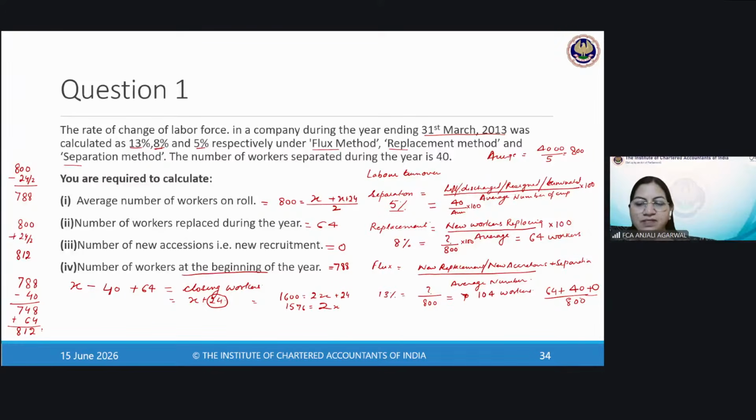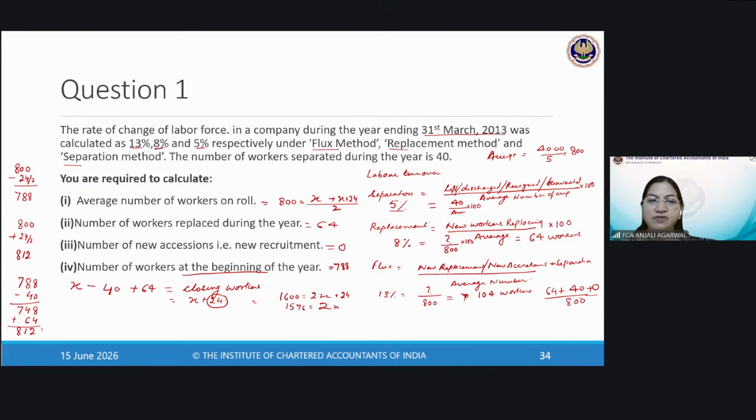Separation is how many workers left during the period divided by average number of workers into 100. Replacement is how many new workers joined against those who have separated, divided by average number of workers. Flux is a combination of separation plus replacement, plus also any new accession because of some expansion or other reasons, divided by average number of workers.